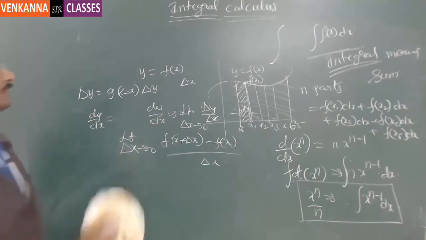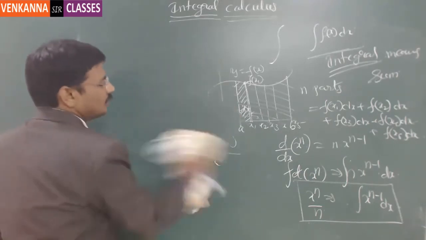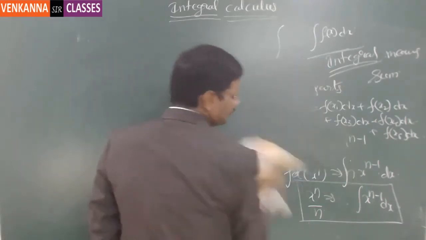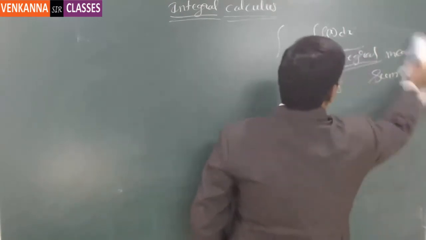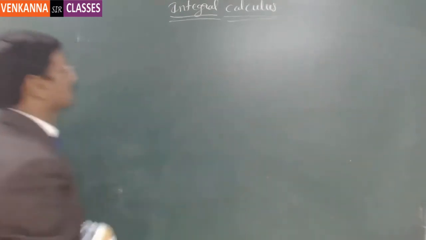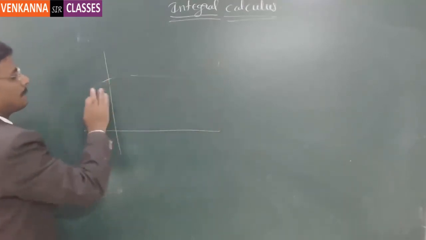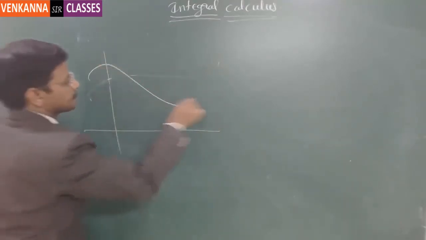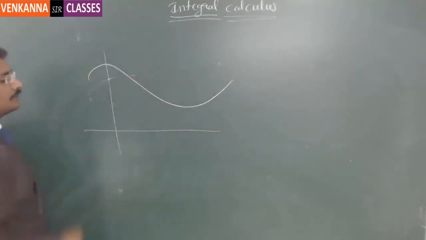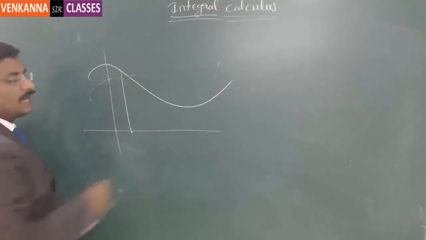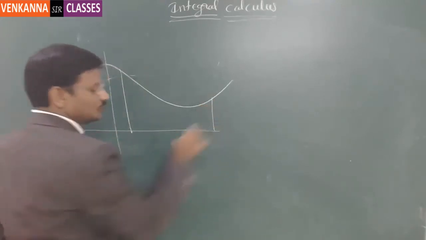Understood? Here, if you notice one important aspect in this particular function: this is the function, let us say. I have divided this function into n equal parts between two different points.